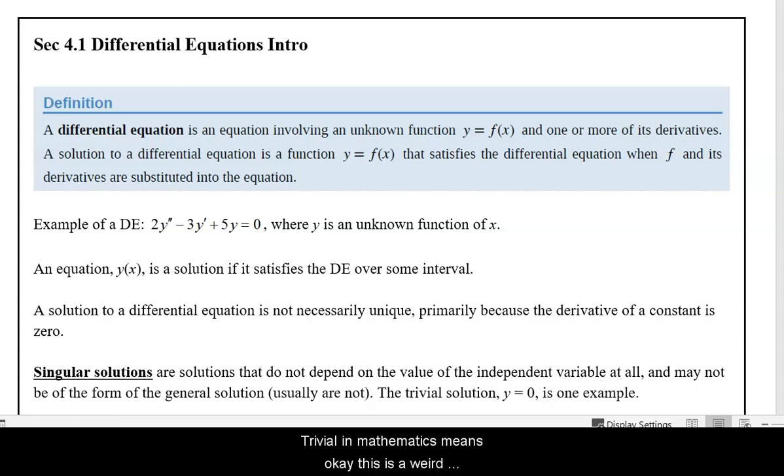Trivial in mathematics means, okay, this is a weird exceptional case, and it's true, but it doesn't follow the normal pattern. That's what we mean by trivial. Not necessarily easy, just not in the normal pattern, and true without a lot of work. Okay? Most of the time, what we're going to be looking for are the general solutions and not the singular ones.